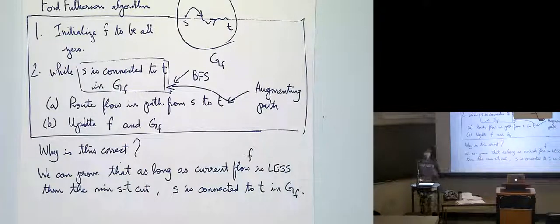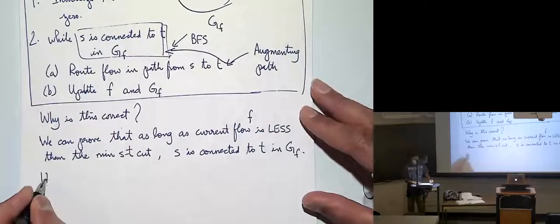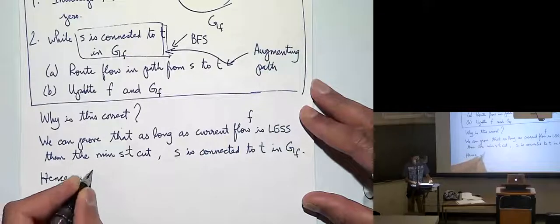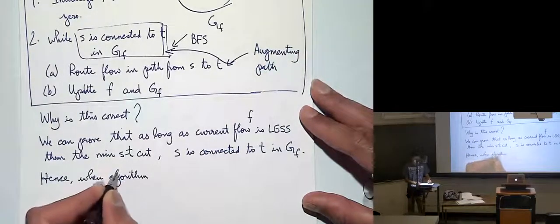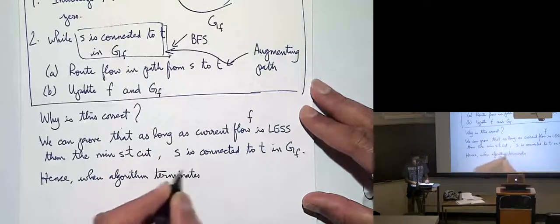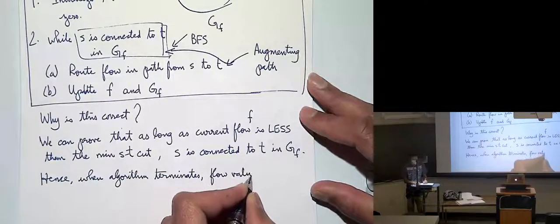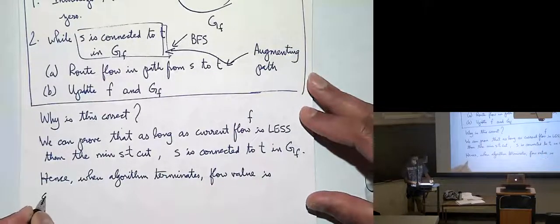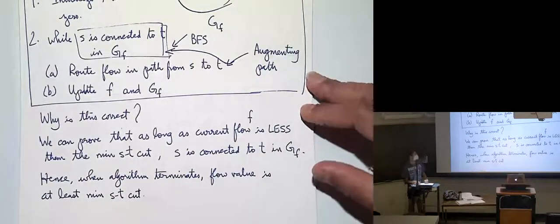Okay? So hence, when the algorithm terminates, the flow value is at least the min ST cut.